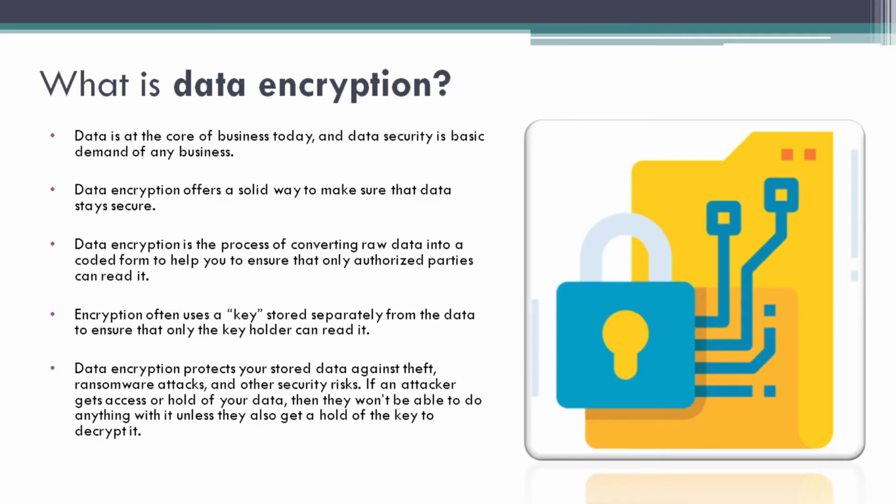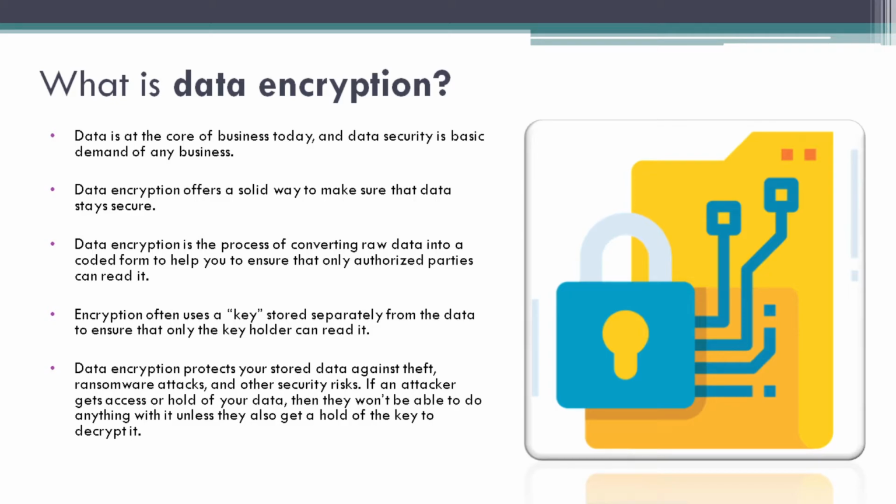Data encryption protects your stored data against theft, ransomware attacks, and other security risks. If an attacker gets hold of your data, they won't be able to do anything with it unless they also get hold of a key to decrypt it. If anybody gets access to your data, but your data is encrypted, then that person cannot do anything with it unless and until they have the key.